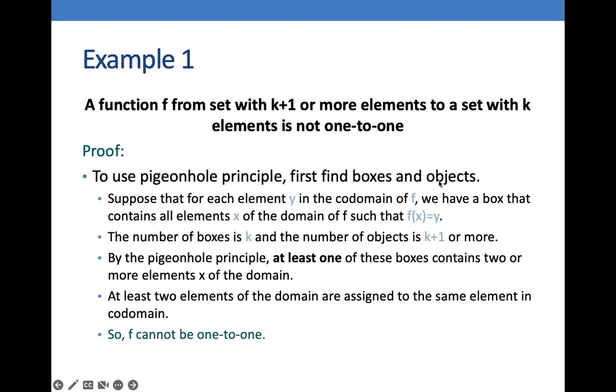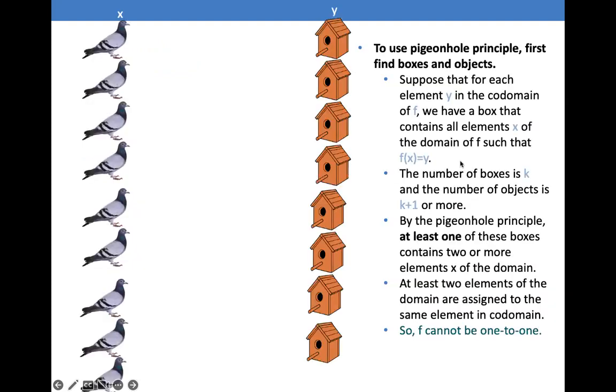Suppose we have a function f from a set with k plus 1 or more elements to a set with k elements, and we prove that it is not one-to-one. This is actually the proof, but let's discuss it in the next slide.